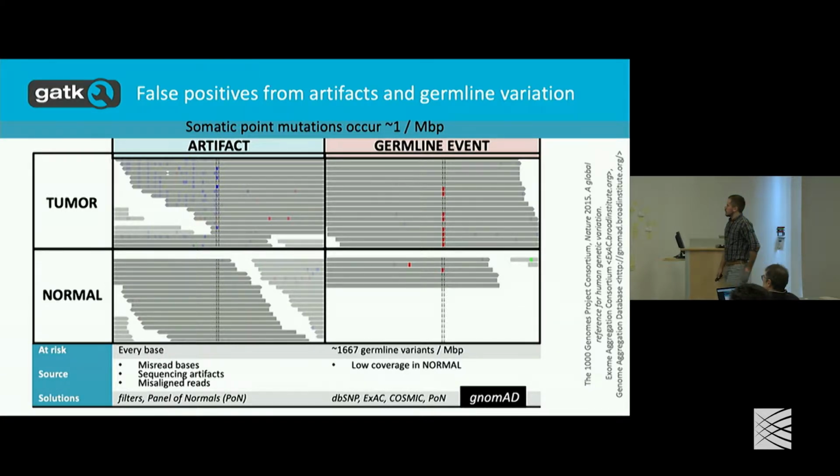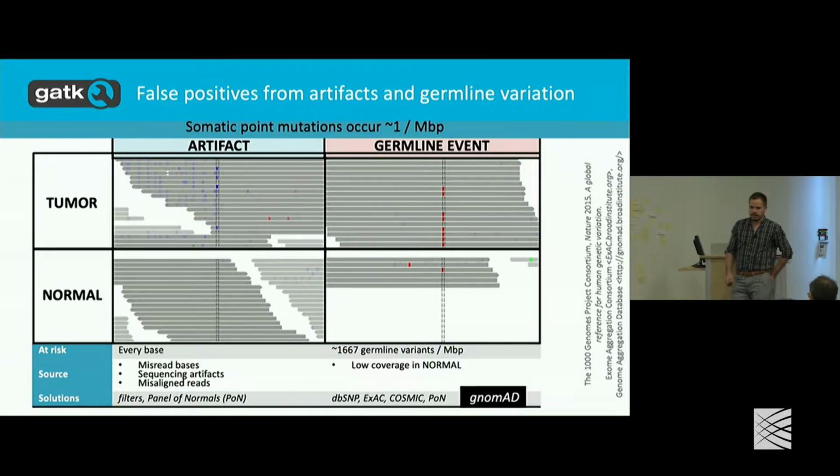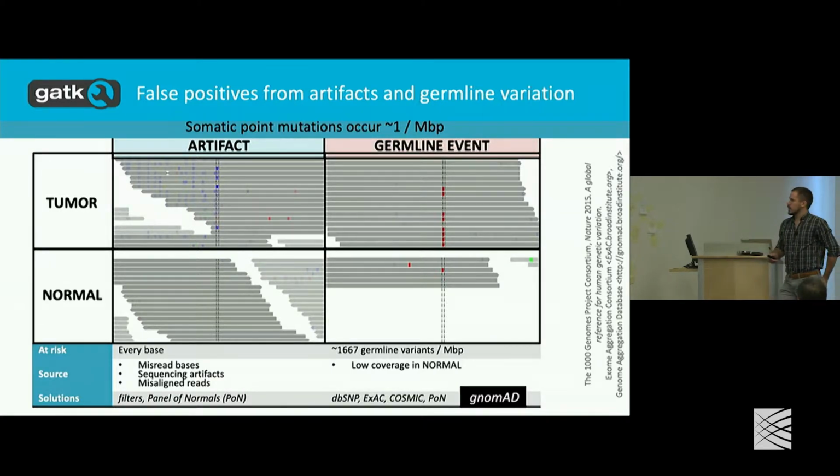Right. So we have a problem of having very low signal to noise ratio, because overwhelming number of our events that we will see in a somatic sample will be actually coming from germline, like about 1,000 to 1. So we really have to be careful about not calling those.